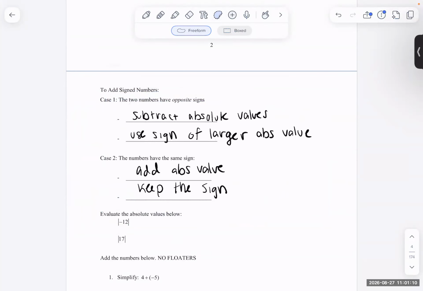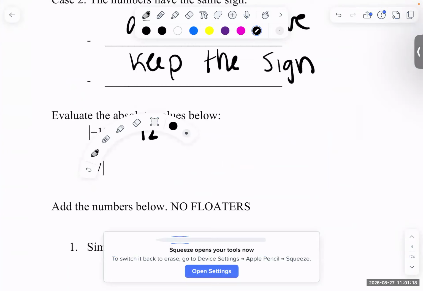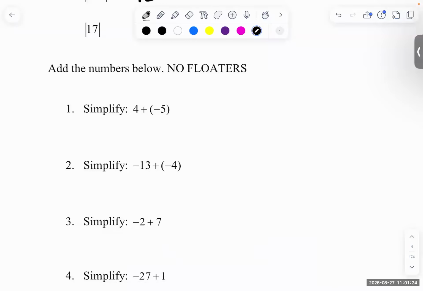Okay. So if I want to evaluate the absolute value, basically whatever is inside those brackets, it makes it positive. Add the numbers below. No floaters basically just means we want you to use equations and equal signs as we go.